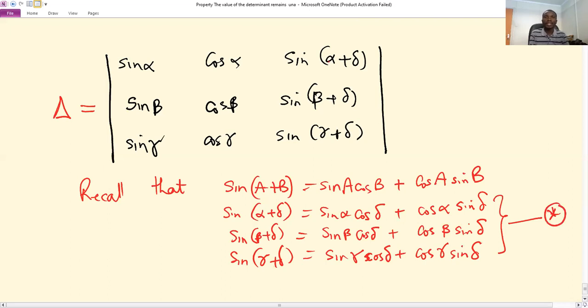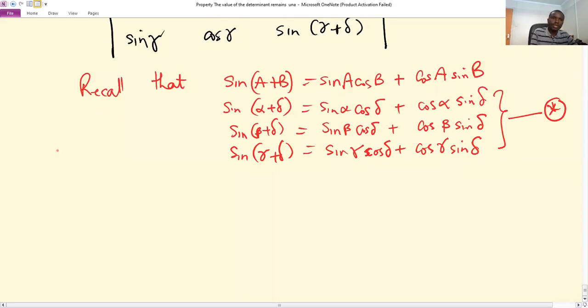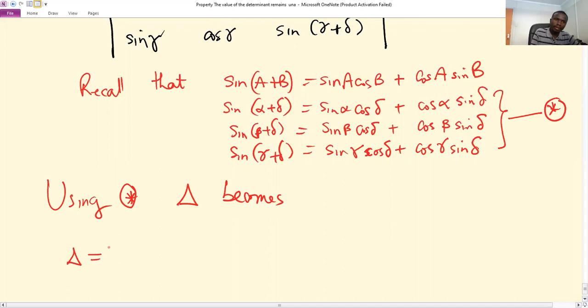I use star to rewrite the terms of the third column. So using star, delta is the determinant of sine alpha, sine beta, sine gamma, then cos alpha, cos beta, cosine of gamma.